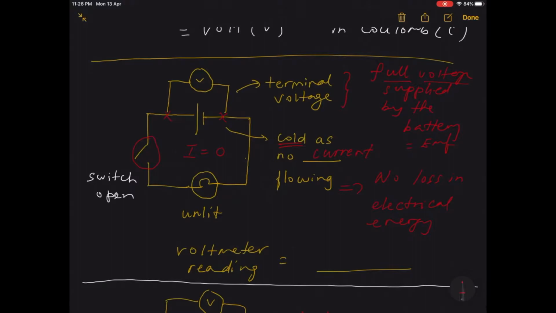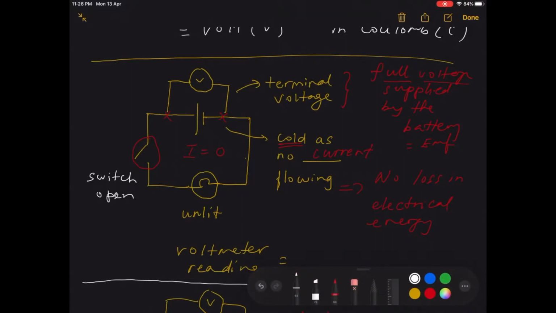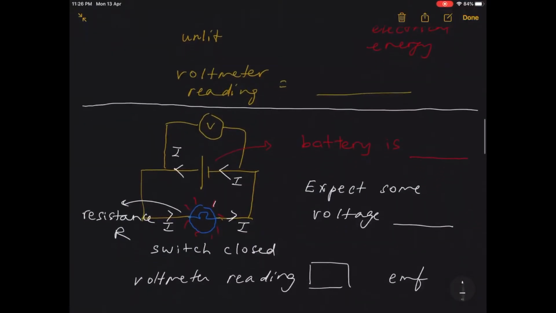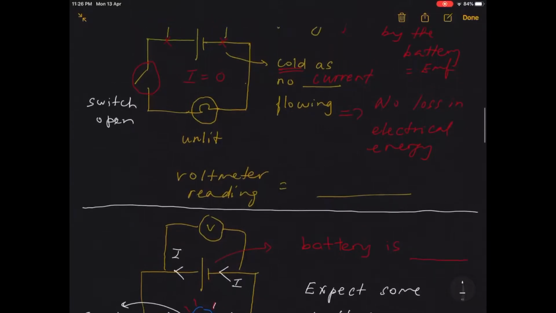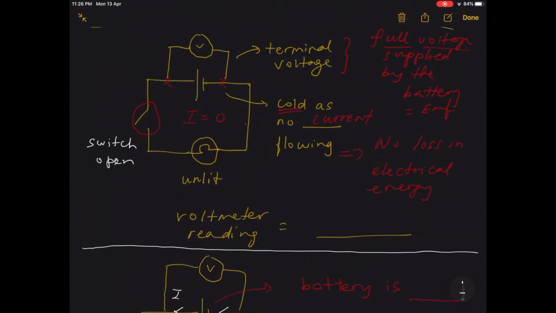Whenever the battery is not delivering any current, the voltage that you measure is the maximum voltage, and that is called the EMF. Now, what if you close the switch and see what happens? By the way, the voltmeter reading, as you know, is the EMF.